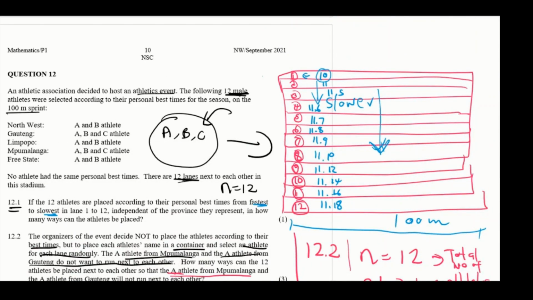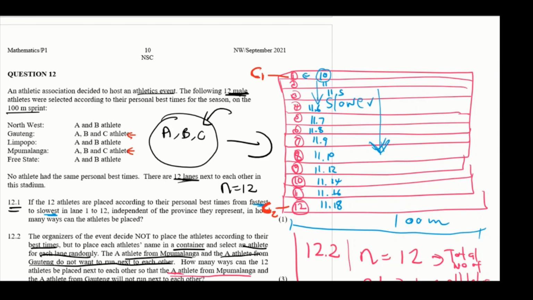So remember that this is lane number 1. If let's say athlete C runs here and another athlete C runs here, taking note that there's only two athletes C from the given question. So if athlete C runs here and another athlete C, let's say this is C1 and this is C2, because these are two C athletes, they are not identical from each other.